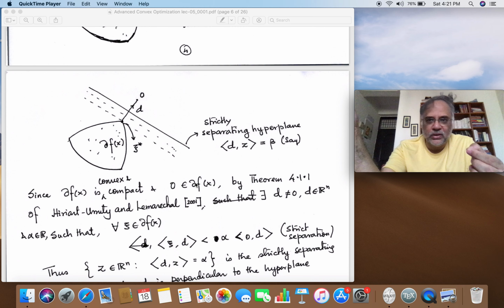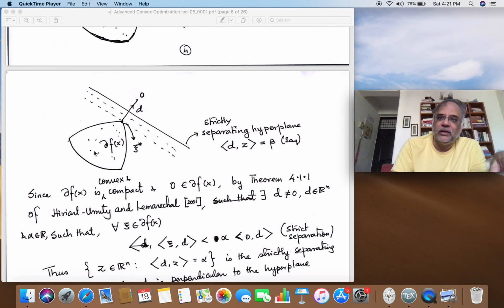So 0 is outside, and del fx is a closed compact convex set. So I can always find a best approximation of 0 on the closed convex set. That is, I can always find a projection point, the nearest point on the set del fx which is nearest to the point 0.